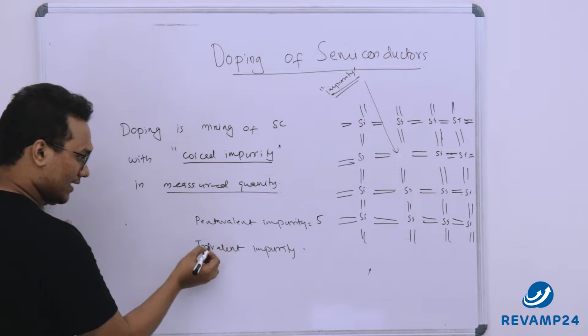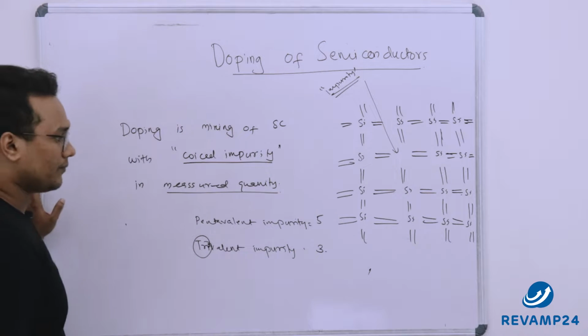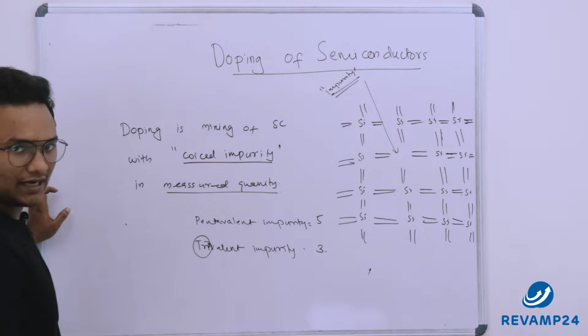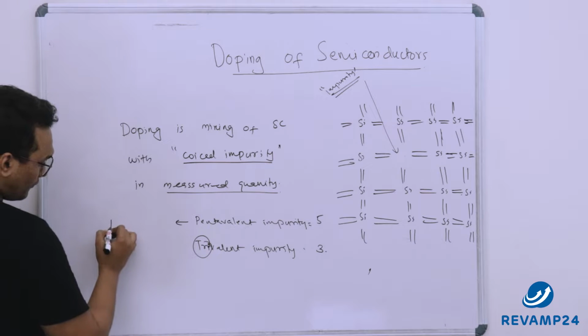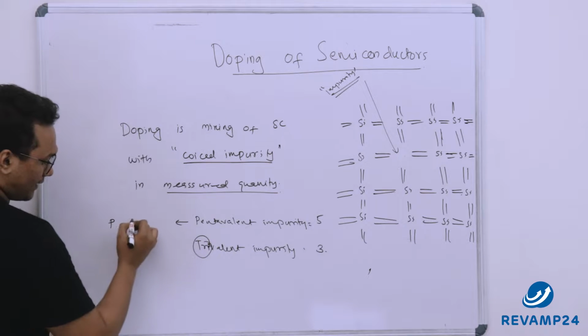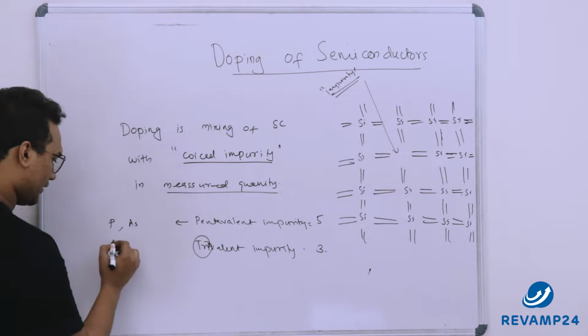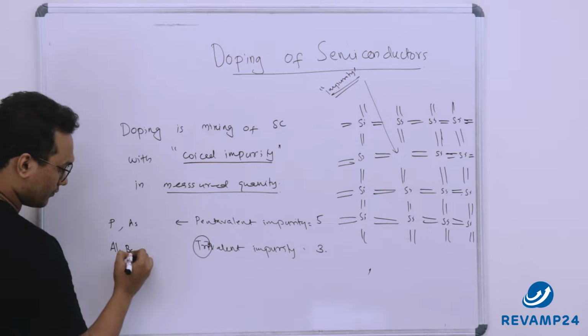What is trivalent? Tri stands for 3, so that has valency 3. Examples of pentavalent impurities are phosphorus and arsenic, and there are many. For trivalent impurities, the important ones are aluminum and boron.